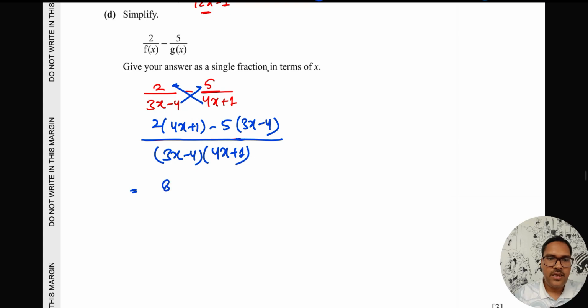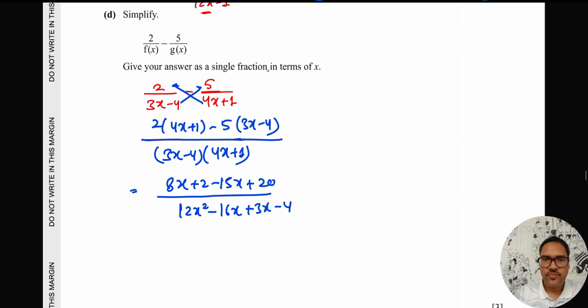This is 2, that is 8x plus 2, minus, this is negative 5 into 3x, negative 15x, and this is plus 20, divided by, you can just simplify this, 3x into 4x, 12x square, negative 4x plus 4 is negative 16x, then 1 into 3x plus 3x, and 4 into minus 1, this is minus 4.